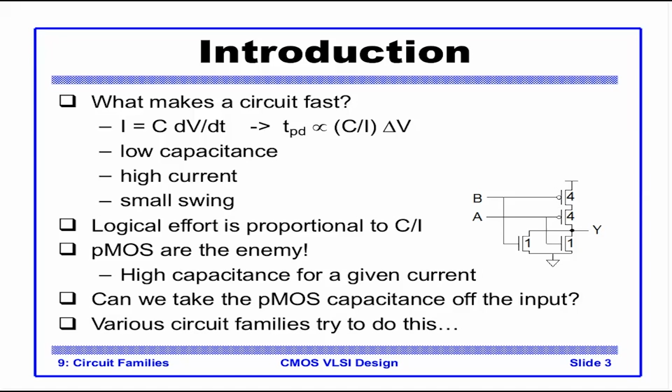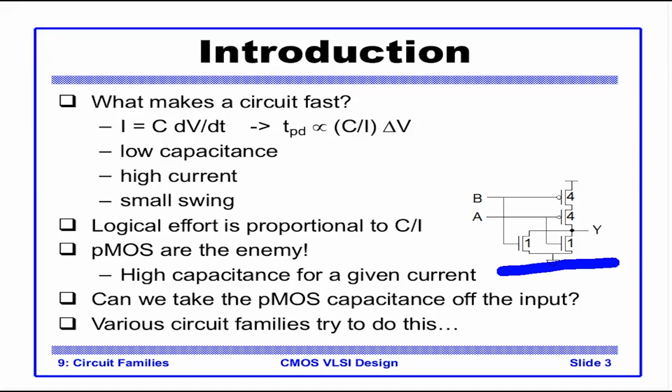Logical effort is again proportional to C by I. So the propagation delay is proportional to C delta V by I, and logical effort itself is also proportional to C by I. If you notice the NOR gate on the right hand side here, this is the way a NOR gate is sized typically when compared to a unit inverter.